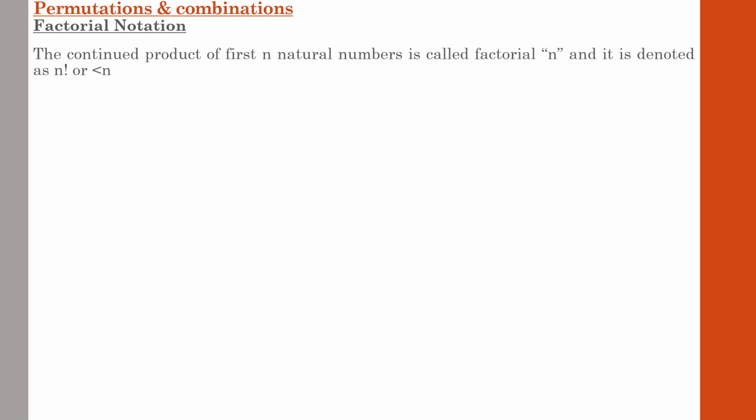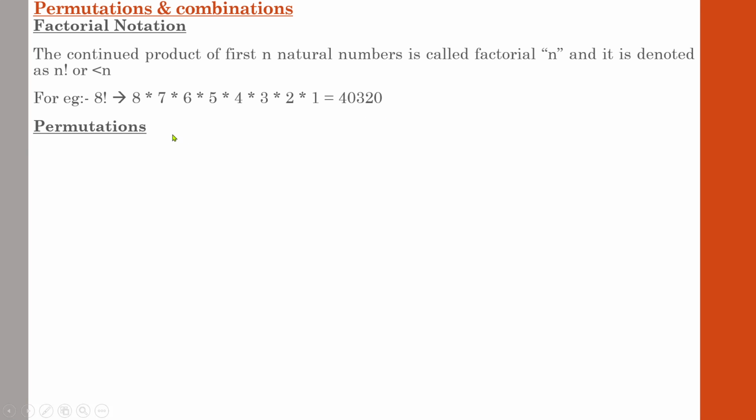If it is 10 factorial, that means 10 into 9 into 8 into 7 into 6 into 5 into 4 into 3 into 2 into 1. That is the meaning. For example, 8 factorial means 8 into 7 into 6 into 5 into 4 into 3 into 2 into 1. And the entire product is known as the factorial.